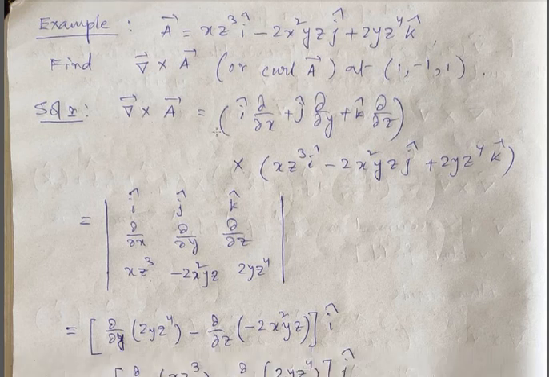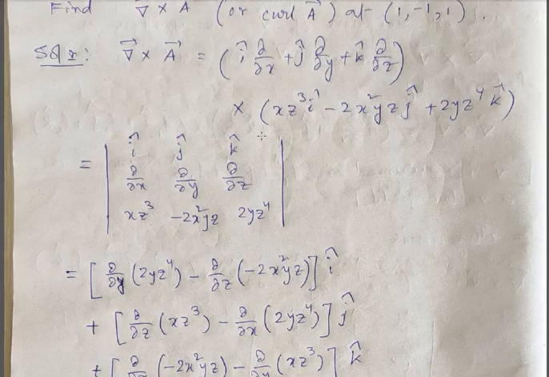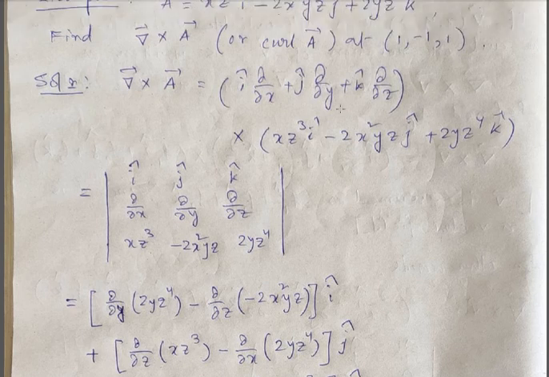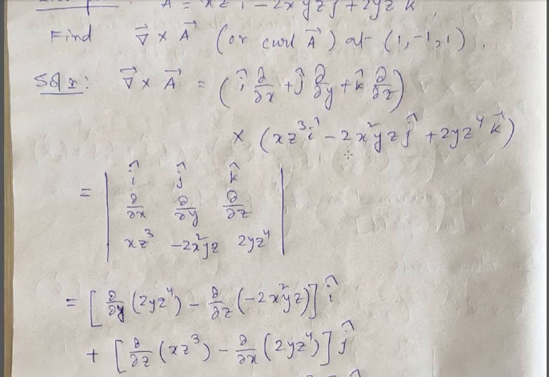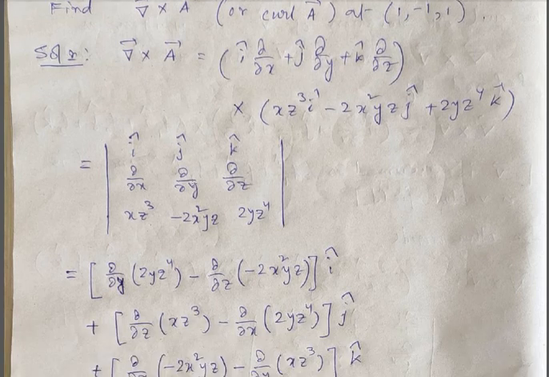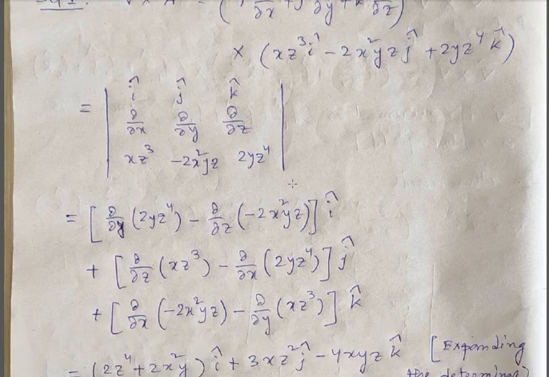You can also skip this step if you can remember the determinant. The nabla is the grad operator, i del/del x, j del/del y, k del/del z, and the vector A is already given. So we can skip this step and directly write this determinant if you want.